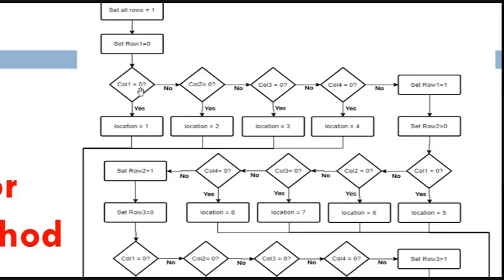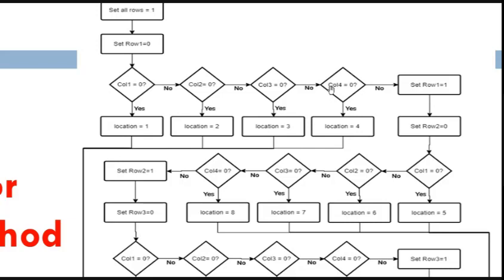The output is 0, so the condition is not true. This means that the push button from column 1 is not being pressed, nothing connected. You go to column 2, still not pushed, go to 3, and then go to 4.